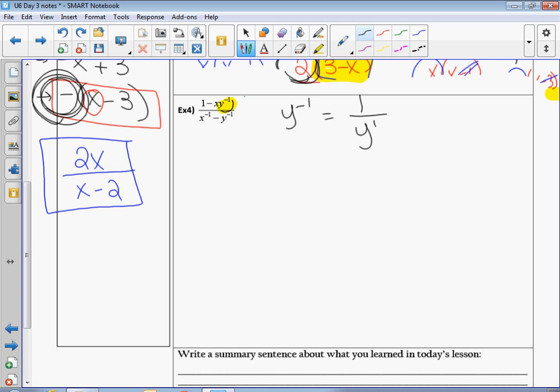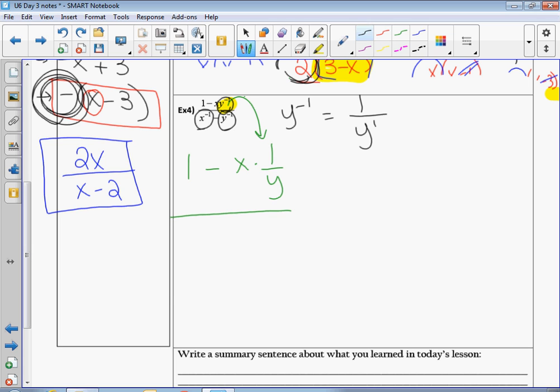Let's change all these exponents of negative 1 into fractions, or exponents with positive numbers. If I have in the numerator 1 minus x times now 1 over y. So I switched this y to the negative 1 to 1 over y.